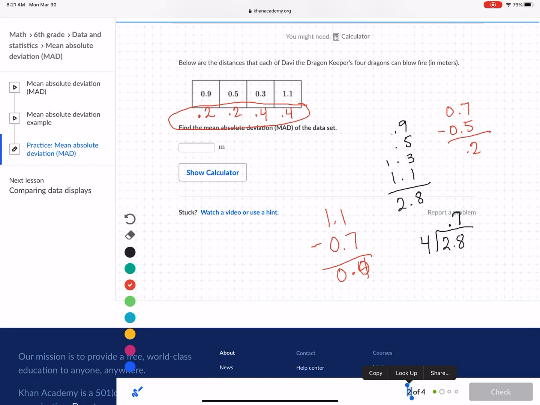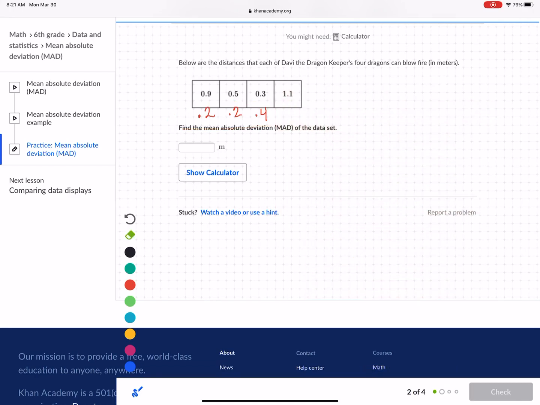Okay, now I'm going to take my deviations, add them up and find the mean of those. So let's get some space here to do some work. If I add those up, I get 0.2 plus 0.2 plus 0.4 plus 0.4, which is equal to 1.2.